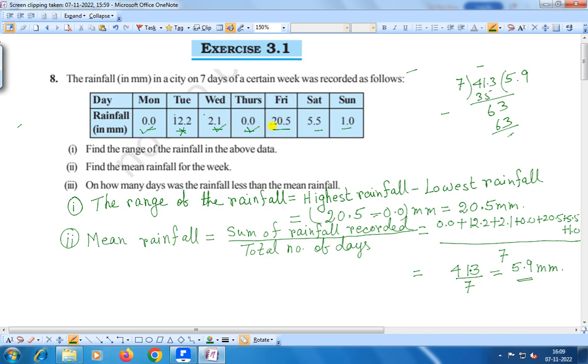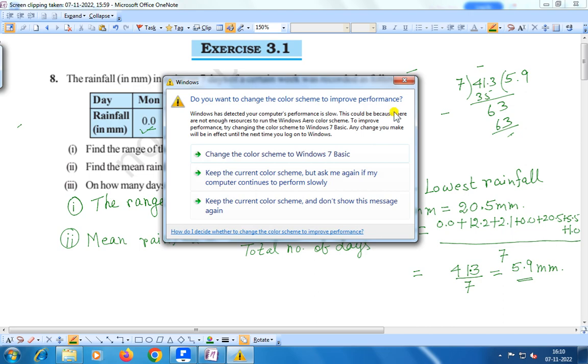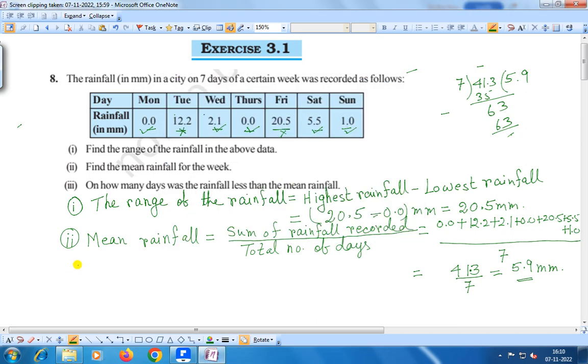Thursday is 0.0, it is also less than 5.9. Friday is 20.5, it is greater, therefore we cannot count this one. And Saturday is 5.5, it is also less than 5.9. And Sunday is also less than 5.9. That is 1, 2, 3, 4 and 5. Therefore the answer is 5 days.